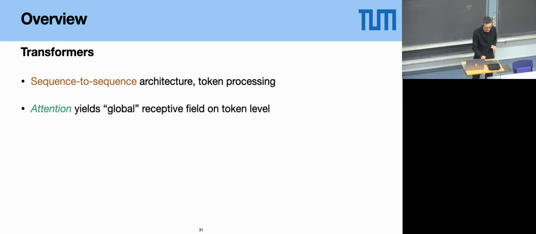And now the main ingredient of transformers is the so-called attention mechanism, and that's actually also what yields the global passing of information. So for transformers, it's typically motivated in terms of exactly these word sequences. So you have different tokens of a sentence, and then you want to find out, maybe a noun in a sentence is closely related to a certain verb that comes at a different place in your sentence.